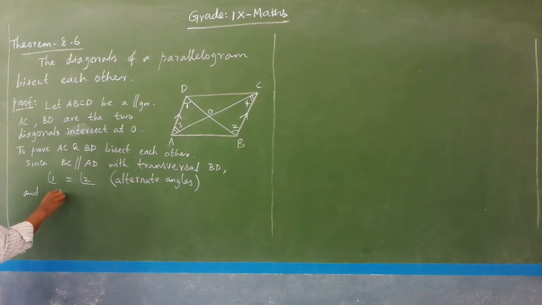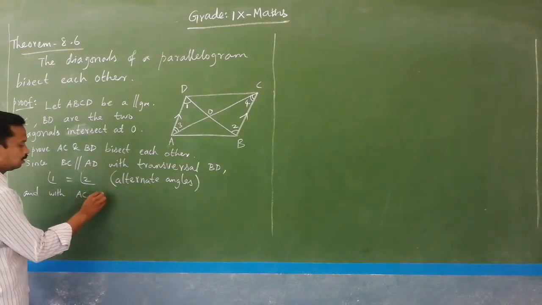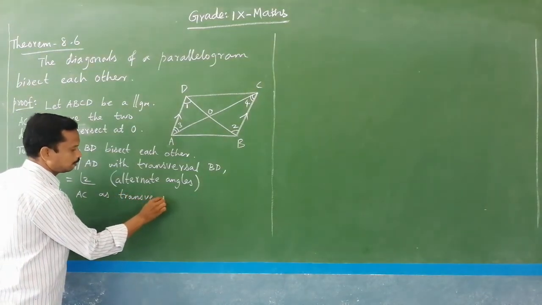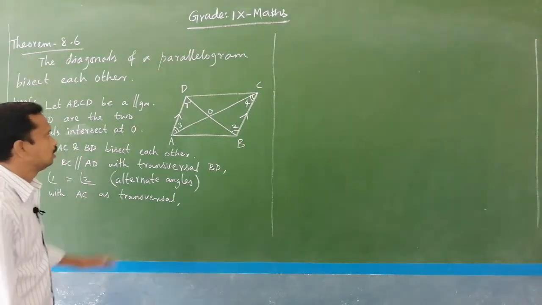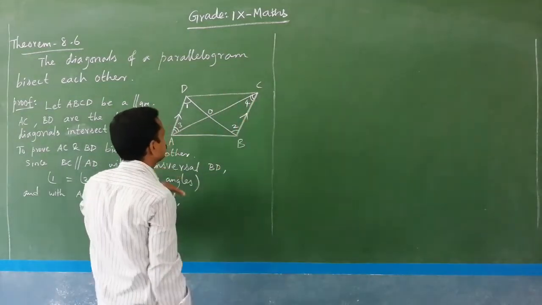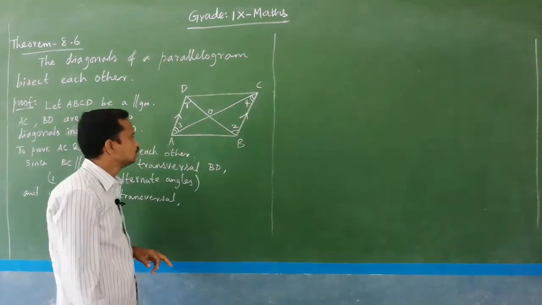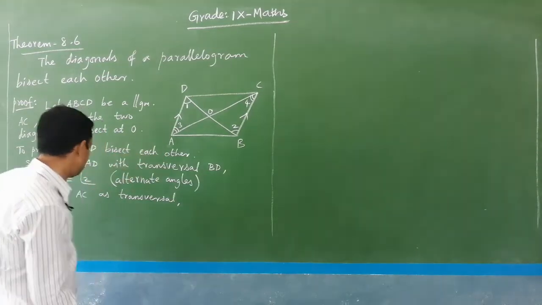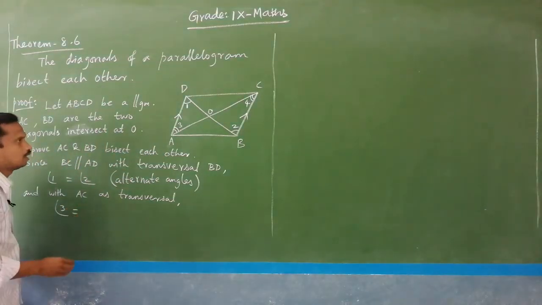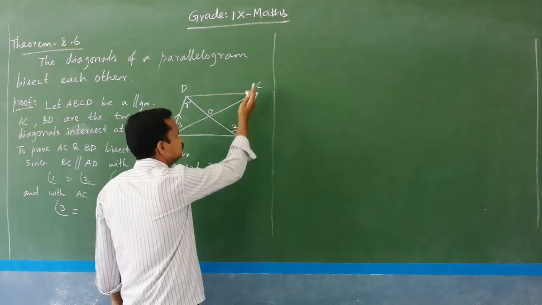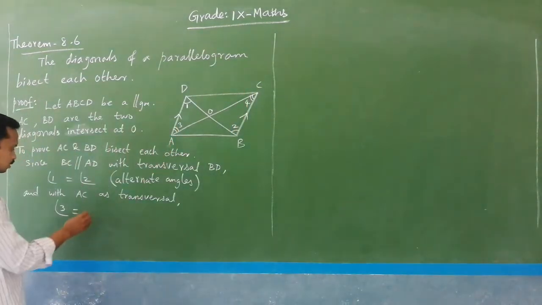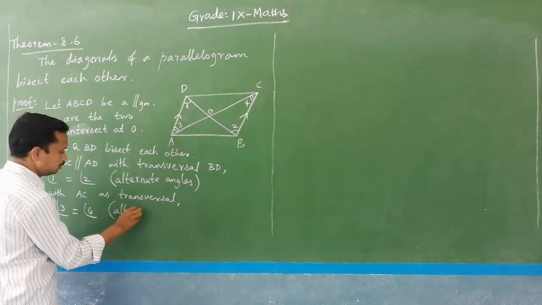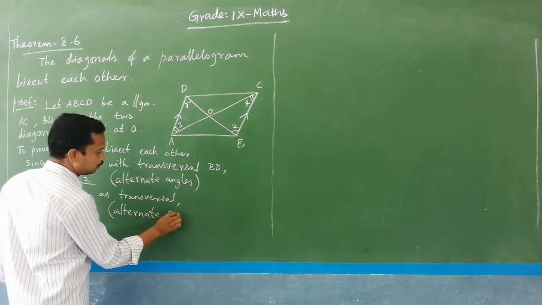And with AC as the transversal for the same parallel sides, the angle between the transversal and the side AD is 3 and the angle between the transversal and the side BC is 4. They are alternate angles, so they will be equal, that you know already.